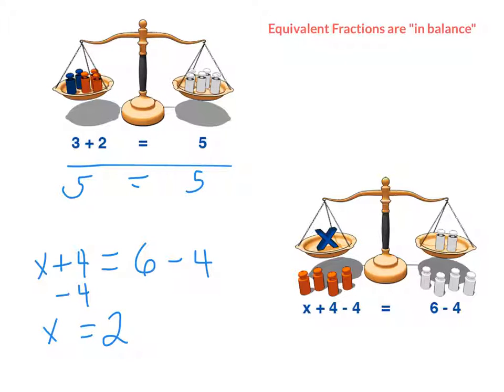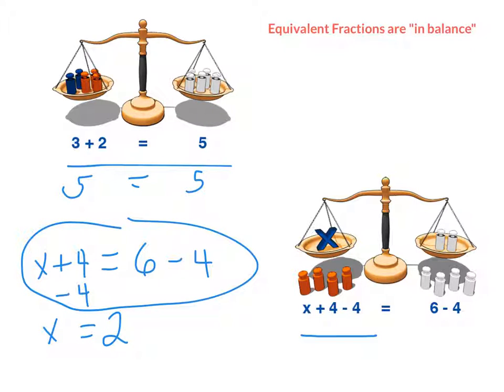And if you take a look over here, you can see that it illustrates this part. We have x plus 4 minus 4, which means that the 4's cancel each other out and you're just left with the x here. Over here, we would have started with 6 milk bottles and we've taken away 4 and that would leave 2, and now x equals 2.